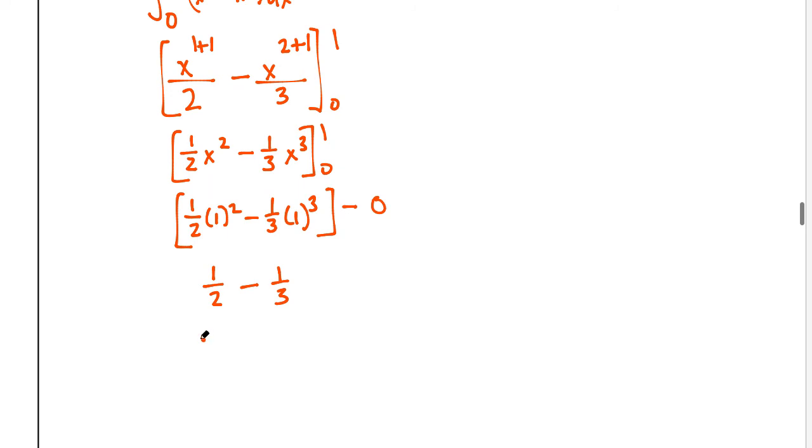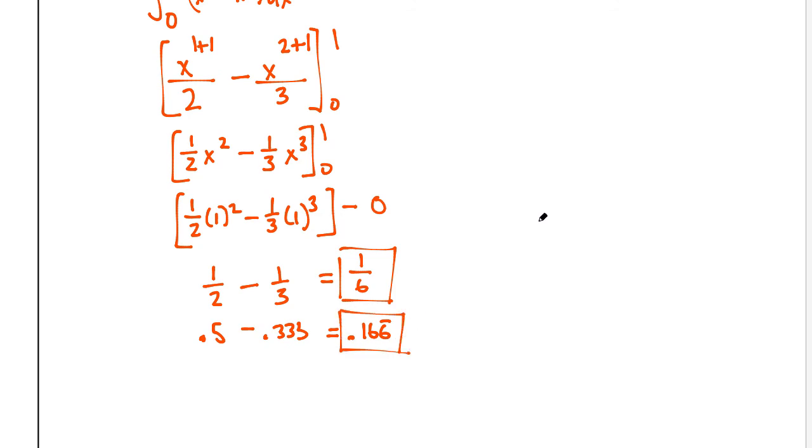If you do this as a decimal, you end up with 0.5 minus 0.33333333. You could do it with fractions, up to you. With fractions, that would be 3/6 minus 2/6, so that's 1/6. If you do the decimals, you would end up with 0.1666666 forever. So there you go.